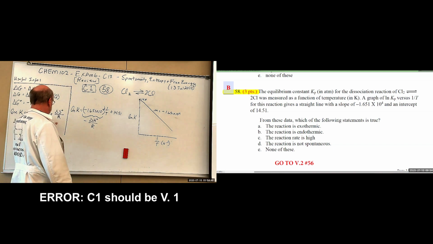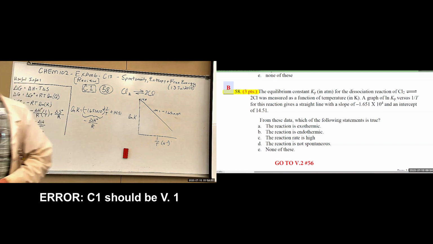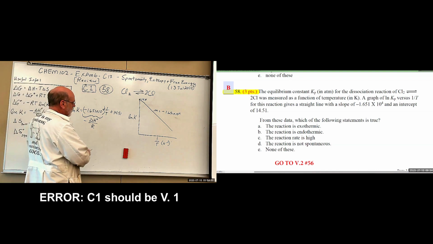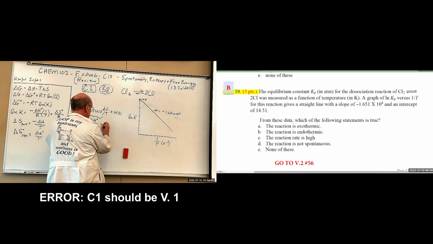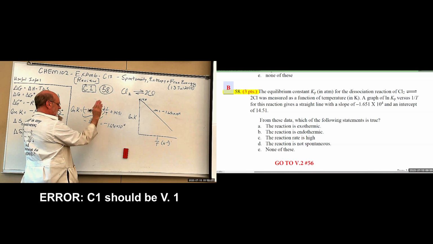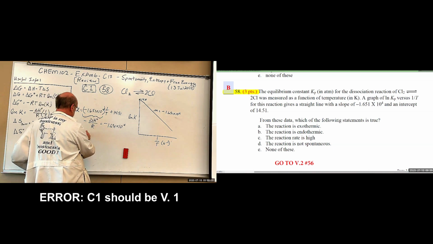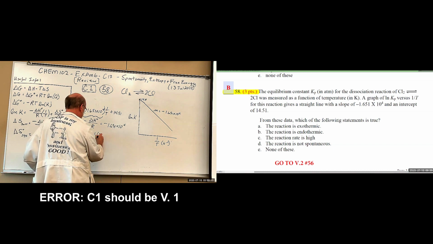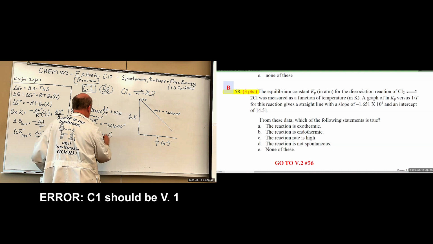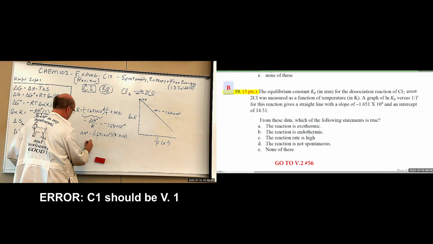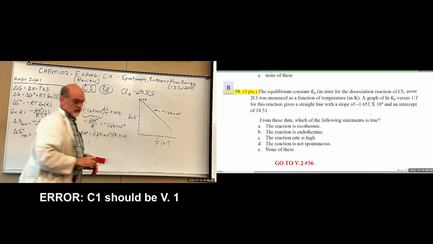We can determine delta H 0. Yeah, we can do that because we know that this value is equal to this value, 1.651 times 10 to the fourth. So we throw away the negative signs, and that means delta H 0 equals 1.651 times 10 to the fourth times R, 8.3145, and this is going to be in joules.